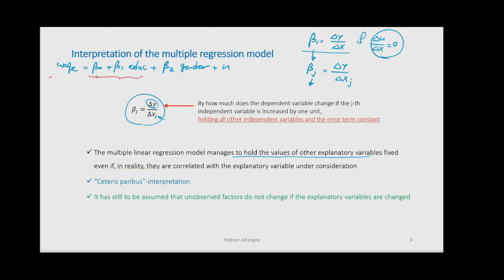However, in multiple regression analysis, we can literally control for that. We can literally fix the gender. So this means that I can go ahead and filter the data. Now, this is wage, education, gender, right? So some of them are female and some of them are male.